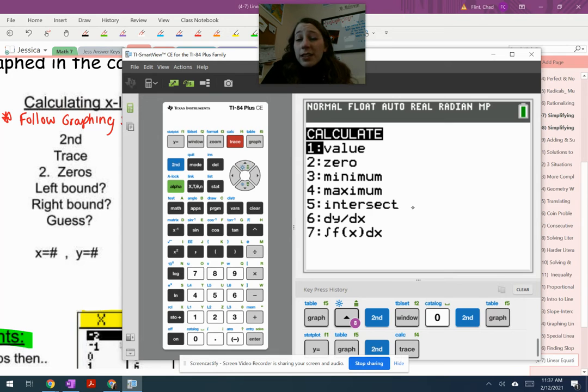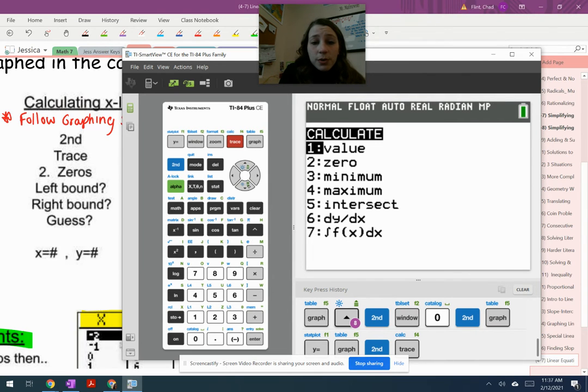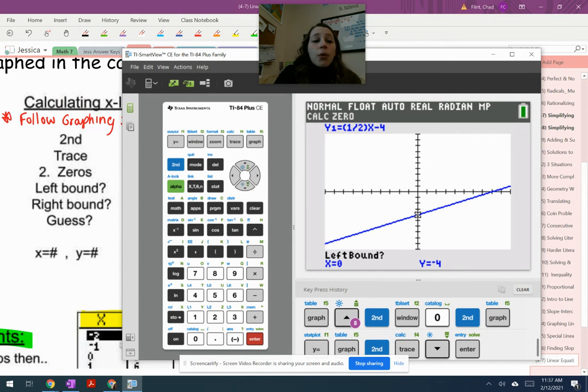When we get into our next couple of units, we can use it to calculate the intersection point between two things. Choices 6 and 7 are derivatives and integrals, which you're not going to get into until you get to calc. When we're looking for x-intercepts, that is choice 2 for zeros. Zeros are x-intercepts.